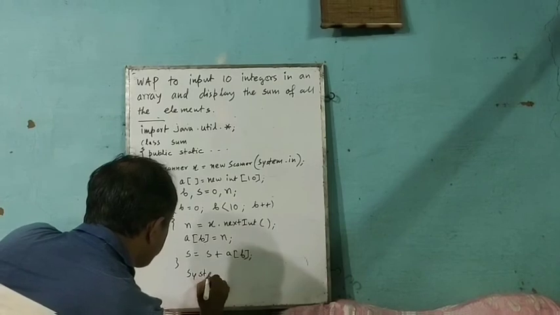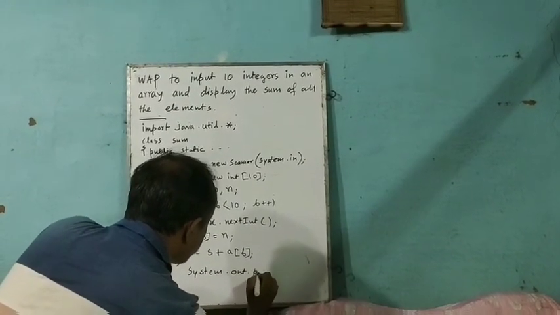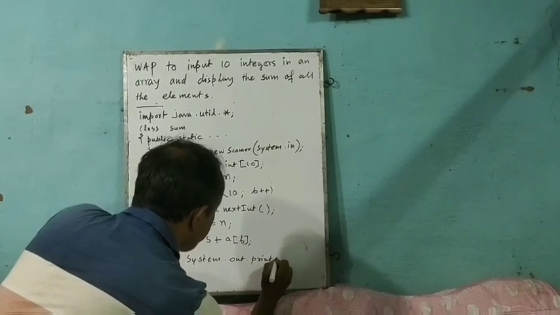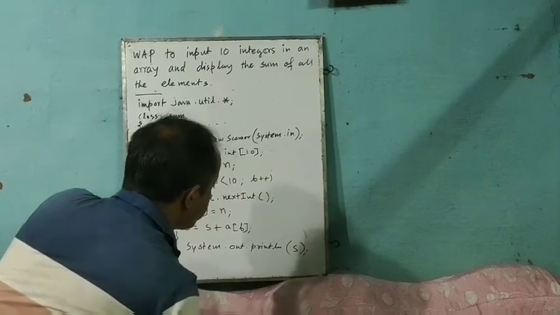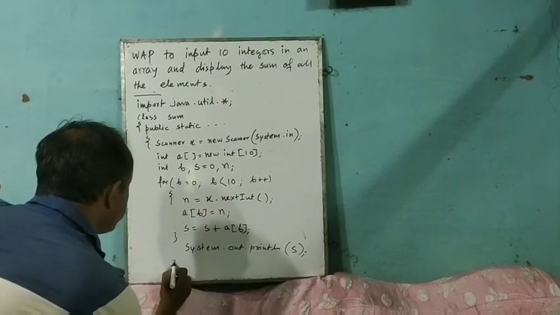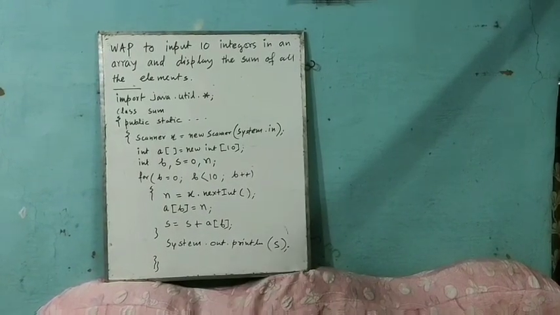System.out.println(s). We have printed the sum and the program is complete. In this program, it is a simple program.